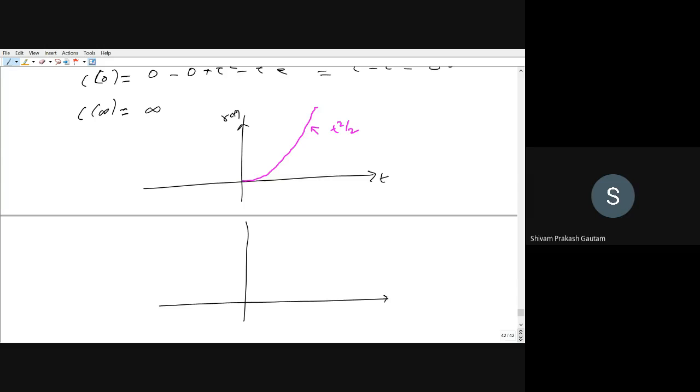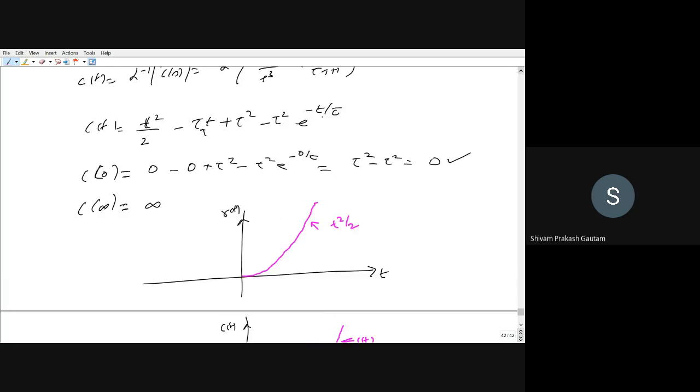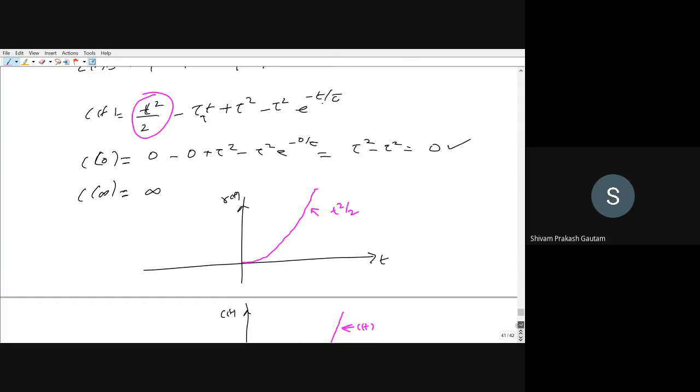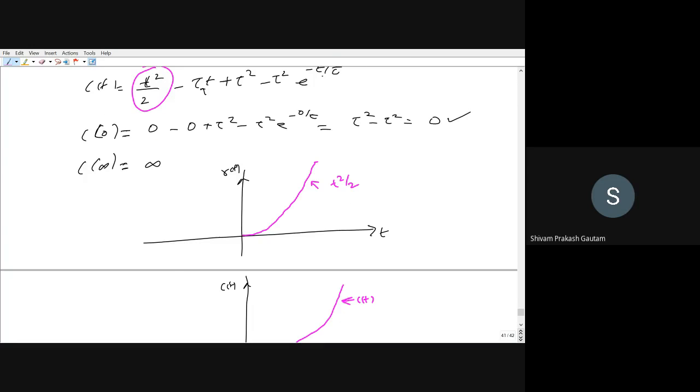This is t. This is our C(t). This is also t. You can see here it is also having t square by 2 term, right? So it will also look like something like parabola, but there will be some difference, and it will be error.